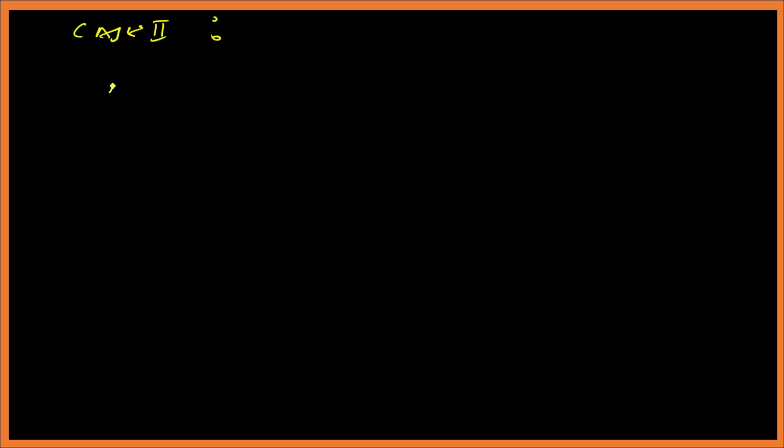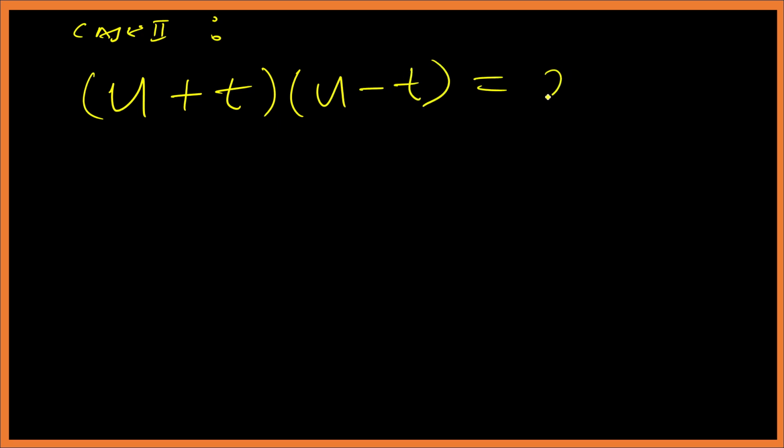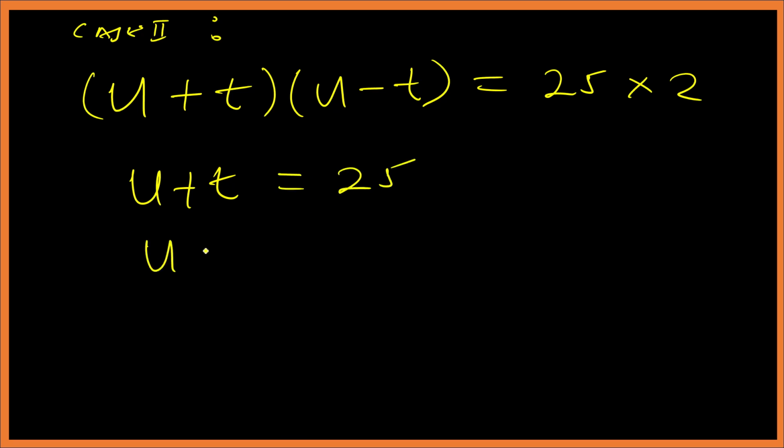So we have (u plus t)(u minus t) equals 25 times 2. It means u plus t equals 25 and u minus t equals 2.